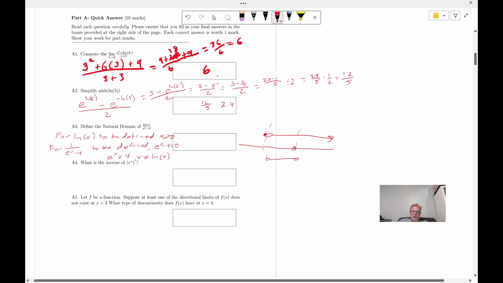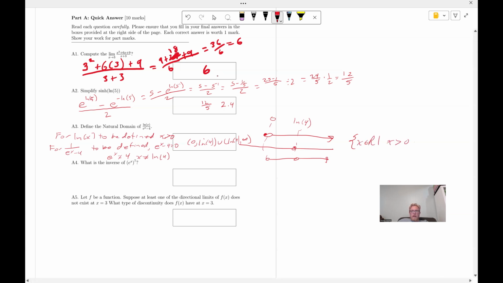So I get something like this. And my interval is going to be 0 to ln of 4, union with ln of 4 to infinity. And like I said, we can build this using set notation, which is x is an element of the reals such that x is greater than 0 and x does not equal ln of 4.